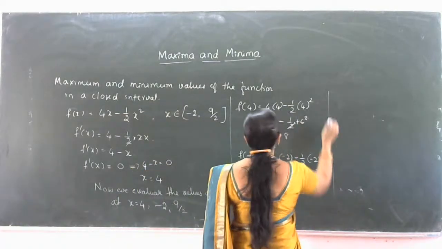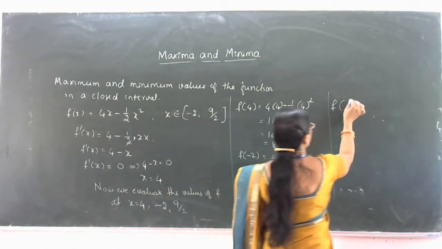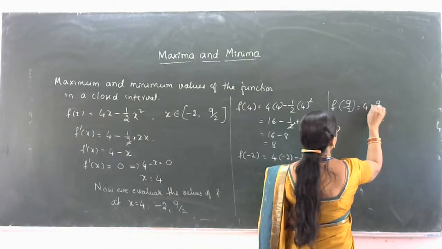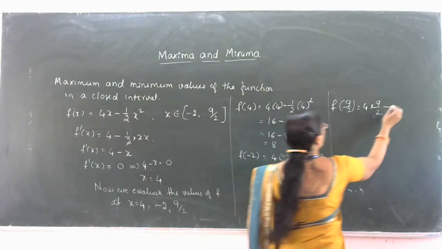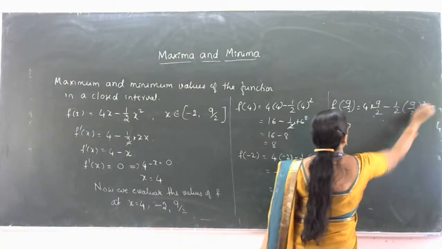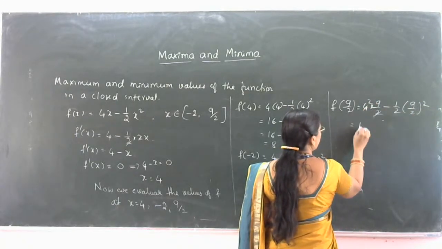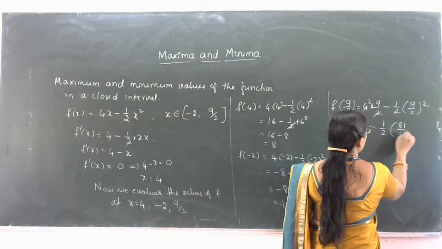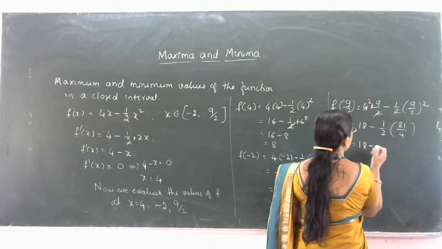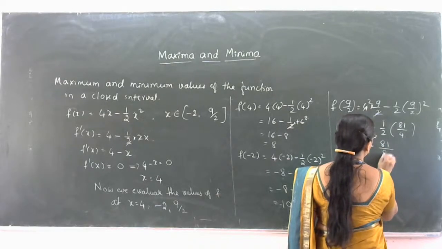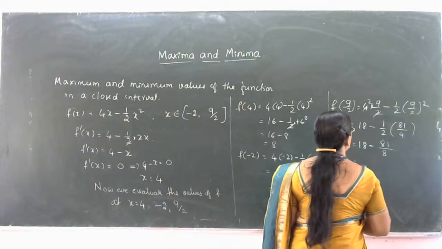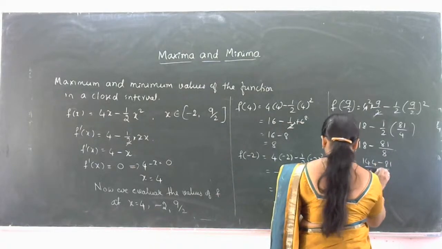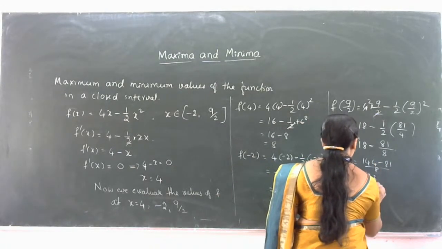Then the last one is f of 9 by 2, which is 4 into 9 by 2 minus 1 by 2 into 9 by 2 whole square, which is equal to 18 minus 81 divided by 8, which is equal to 144 minus 81 divided by 8, which is equal to 63 divided by 8.